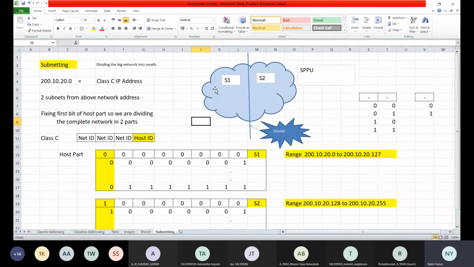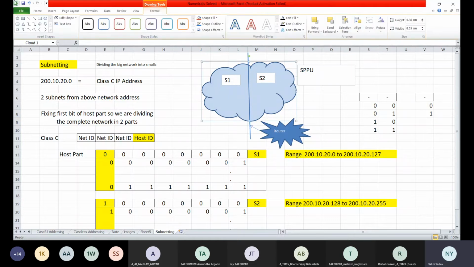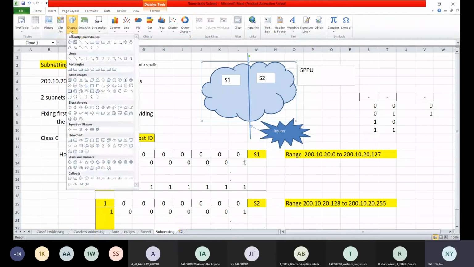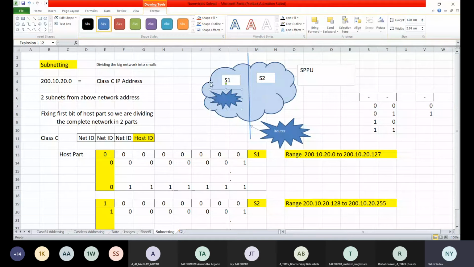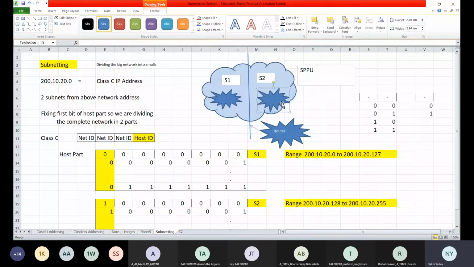Then what will be the identification of network S1 and what will be the identification of network S2? There will be internal mini routers, right? So what are the identifications of those routers? These routers are again going to get connected with a number of hosts internally, correct? So what will be the IP address for all these routers?